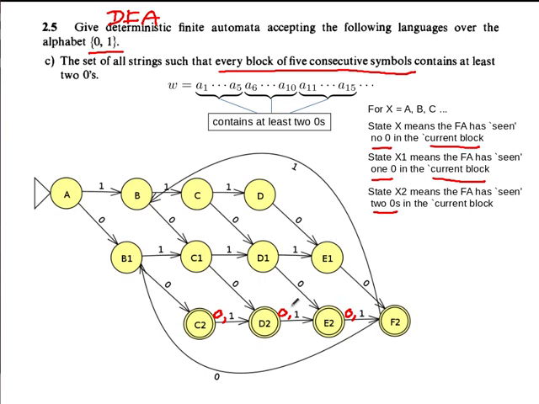So this is the meaning. If you are asked to prove that this machine actually accepts this language, then you have to do induction, right? And in the induction, this is the property you need to prove for all input strings.